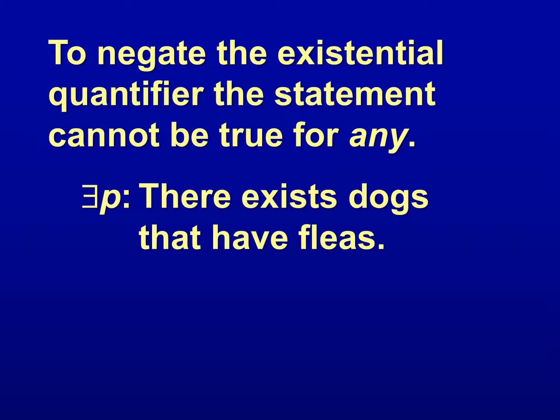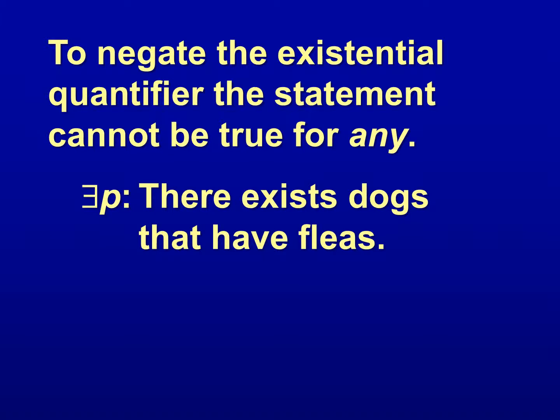So if we want to negate an existential quantifier, the statement cannot be true for any. Just like how we had to change universal to existential whenever we negated it, we'll have to do the same thing if we want to go from existential and negate that. So let's start with the statement.